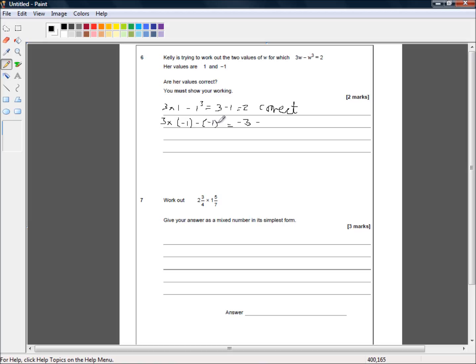Well, negative 1 times negative 1 is positive 1, and then positive 1 times negative 1 is negative 1 again. So this is subtracting negative 1.